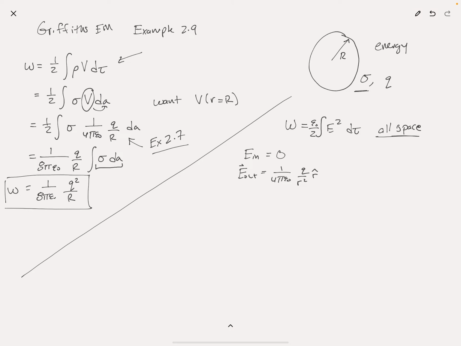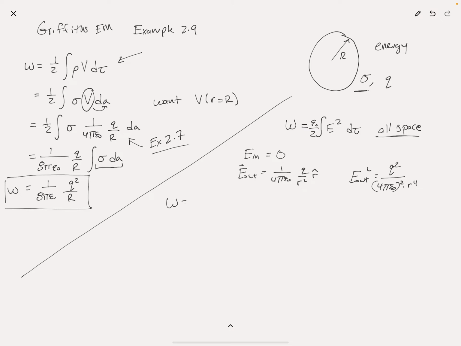And then I go ahead and square E. That is Q squared over (4πε0) squared times r to the 4th. The squaring was a dot product really, so the magnitude is this.